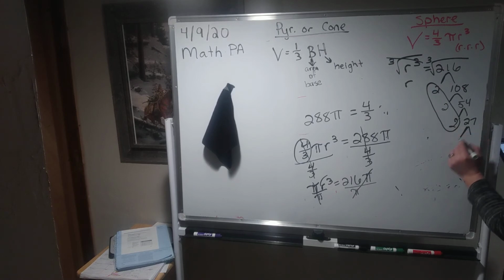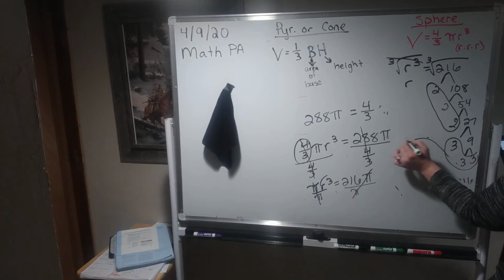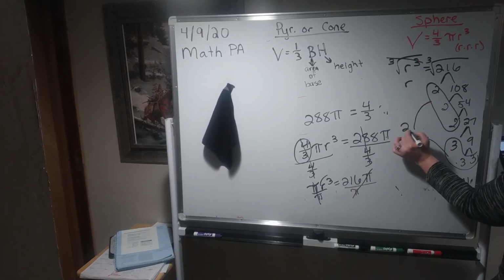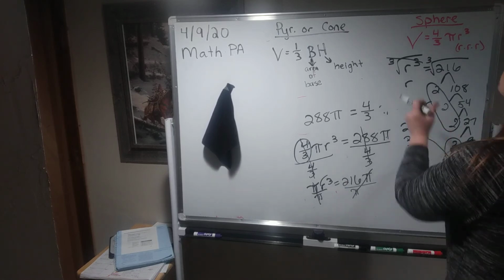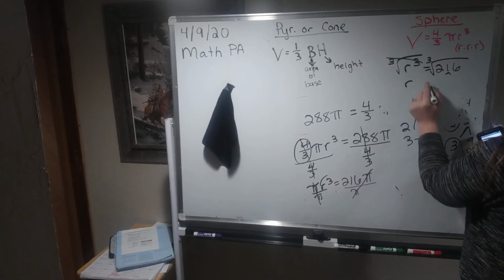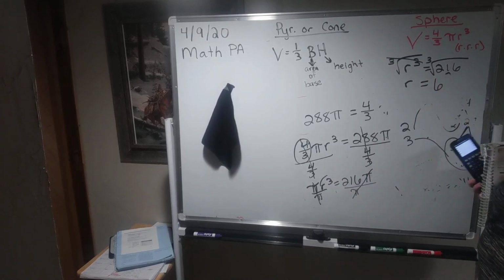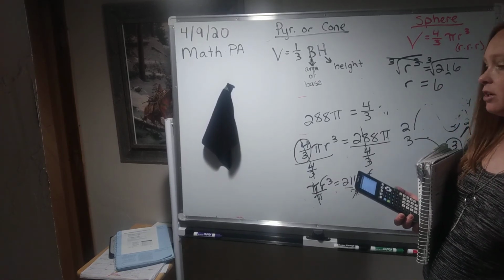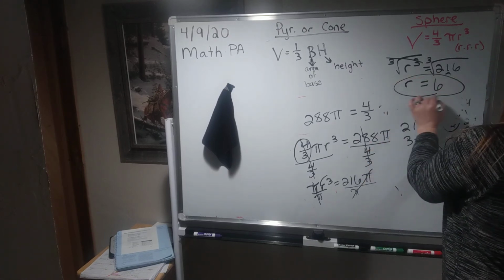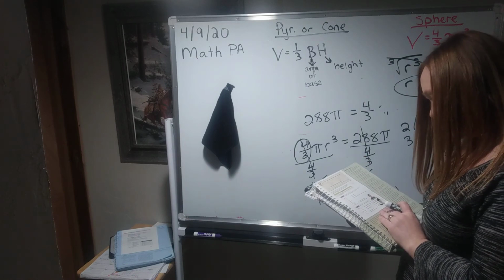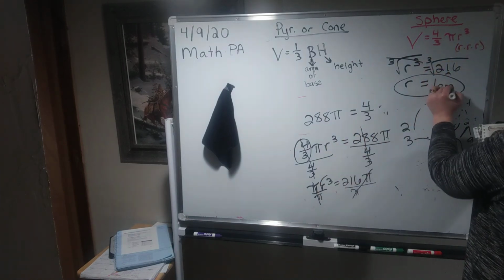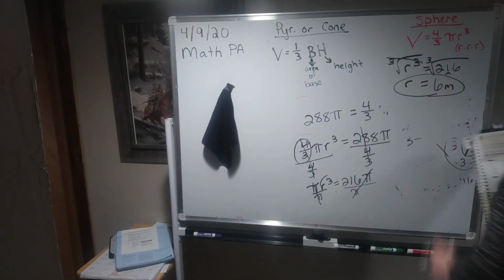Let's see if we can break down 27: 3 and 9, 3 and 3. So I'm able to take out a 3, and I'm able to take out a 2, and 2 times 3 is 6. So r equals 6. What is the radius of our sphere? Our radius equals 6, and we need a measurement. What were we measuring in? Meters. So the radius is 6 meters.